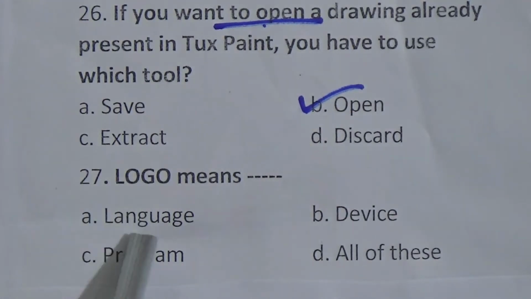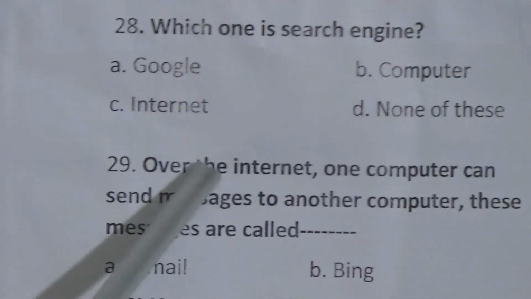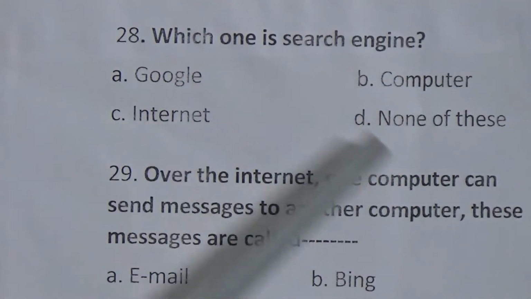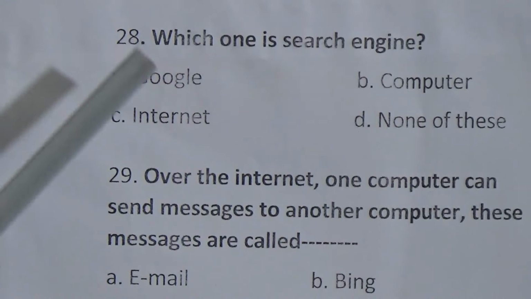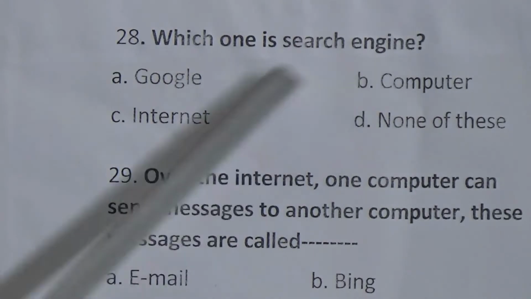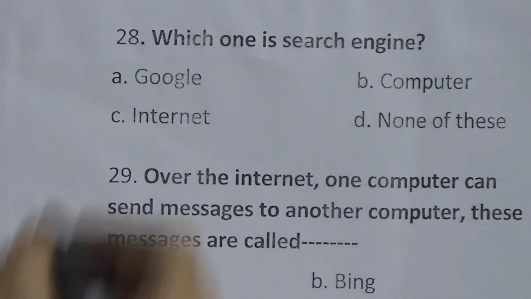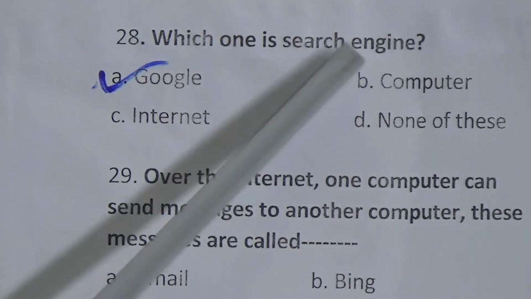Logo means language, device, program, all of this. Logo means language. Which one is a search engine? Google, computer, internet, none of this. This is a simple question. Our correct option is Google. Google is a search engine.